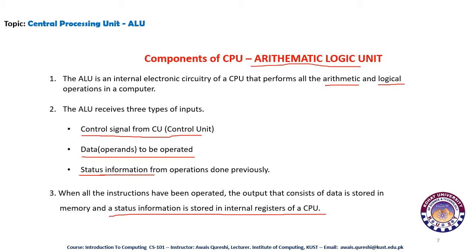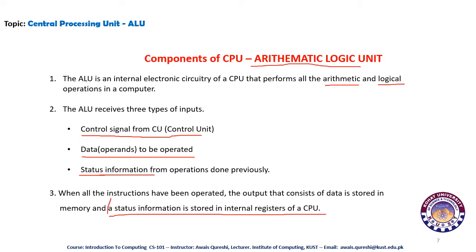This means that when the ALU finishes its job of performing different instructions on the data, it then saves the data in the RAM or in the secondary storage, and also saves status information in its internal registers. And what is the purpose of this?